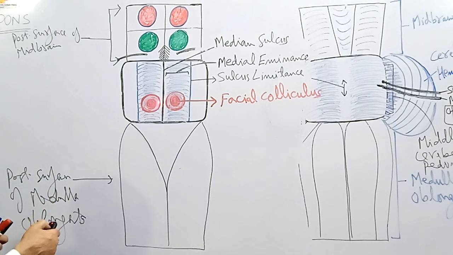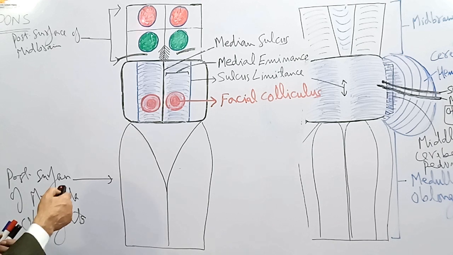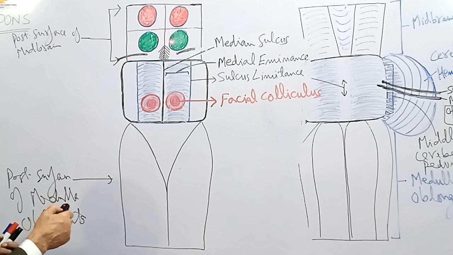This is right facial colliculus and this is left facial colliculus. These are further raised areas on the lower part of the medial eminences on each side. Just like in the midbrain, there are two superior colliculi and two inferior colliculi. These are called facial colliculi.